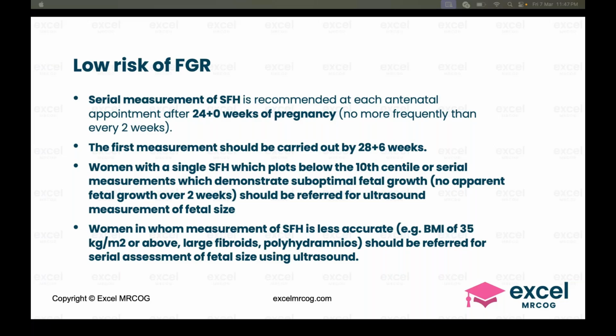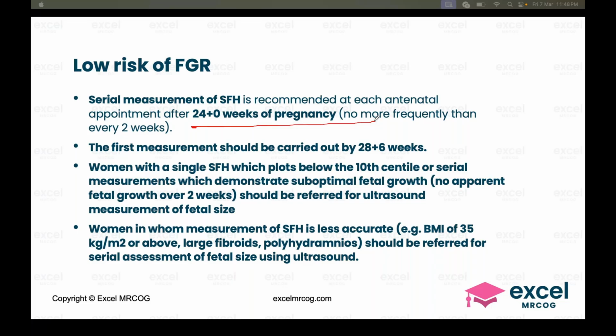So for the general population, what is recommended is that at each antenatal appointment after 24 weeks, and no more frequently than every 2 weeks, so the interval between two SFH measurements should not be less than 2 weeks, they should be offered serial measurements of symphysiofundal height. Symphysiofundal height is the height of the uterus in centimeters from the pubic symphysis to the fundus.